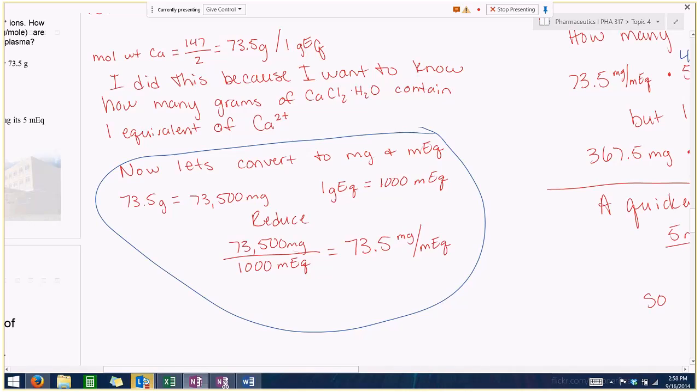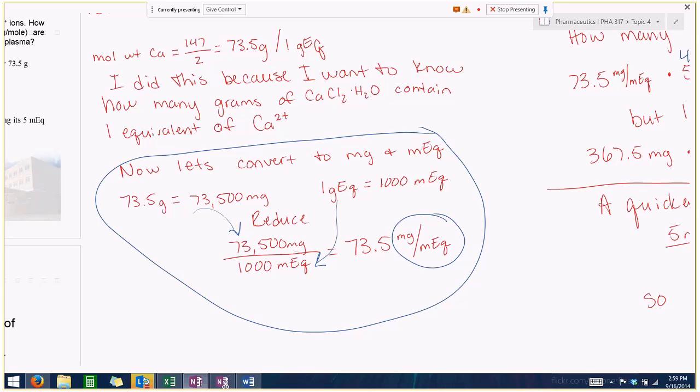And 1 gram equivalent equals 1,000 milliequivalents. So to figure out how many milligrams per equivalent I had, I just divided these two numbers by each other. And when you divide 73,500 by 1,000, you get 73.5 milligrams per milliequivalent. Right. So we were, because it's grams per. That's why it's the same.